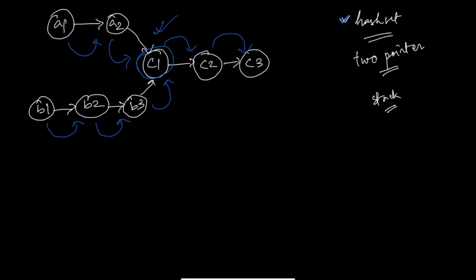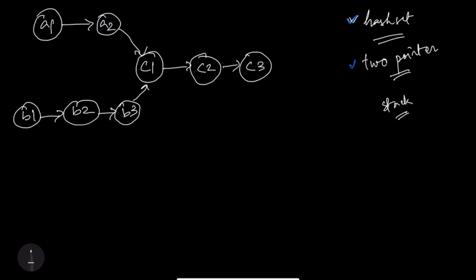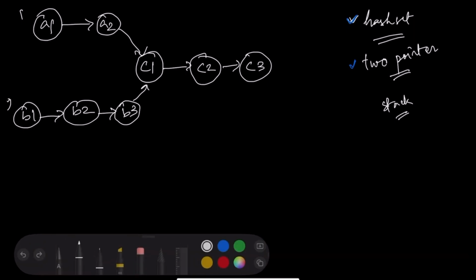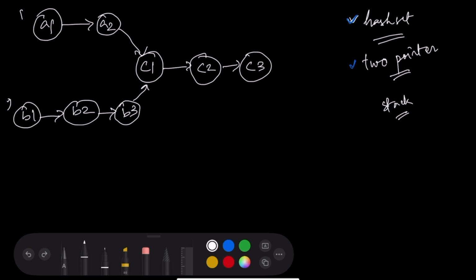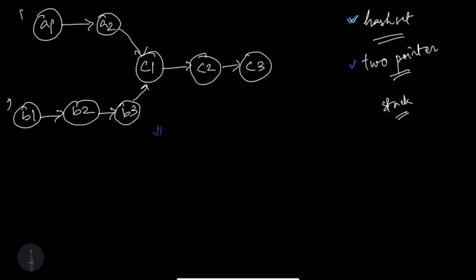Our second would be two pointer. So we will take two pointers, 1 and 2. 1 will be pointing to our head of first linked list and 2 would be pointing to our head of second linked list. The process would be that we will be iterating our 1 and 2 till we reach none, and as soon as we reach none, we will be assigning it to the head of the other linked list.